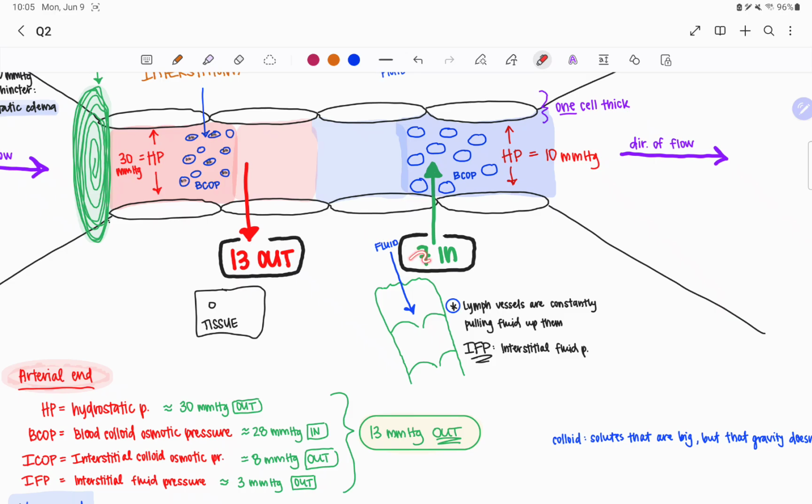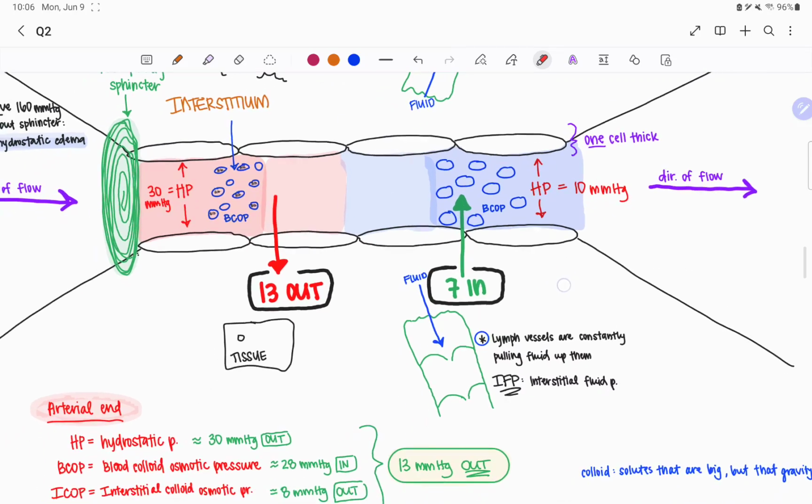And so it's like a little vacuum that's just constantly going, so that fluid is constantly being pulled up in, and it has these little gates so that fluid doesn't leak back down into it, or it shouldn't. There can be issues where this lymph vessel may be damaged, but if everything's working correctly, fluid should only be ever going up, never back down.